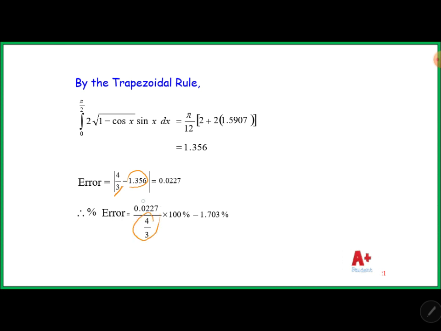So this is the difference between original and the approximation, and then we have to divide with the original and multiply with 100%. So what do we get here? 0.0227 divided by 4/3 multiply with 100%, we get 1.703%, which is really small error.